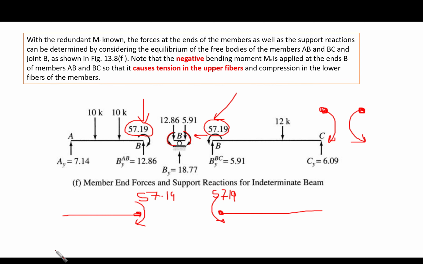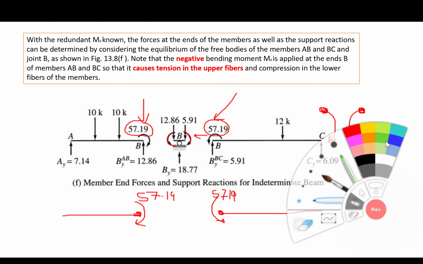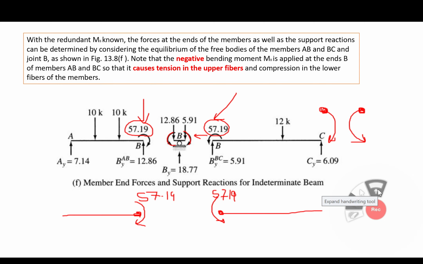We have external loading here, right? Let's use another color. So the external loading, we have 12, which is being applied here. And then we need to know what is the reaction here and what is the reaction here.